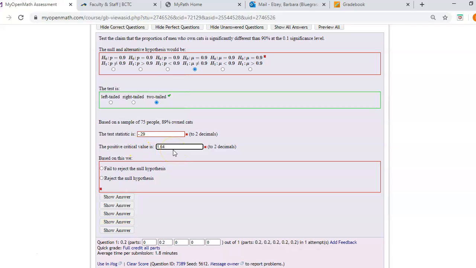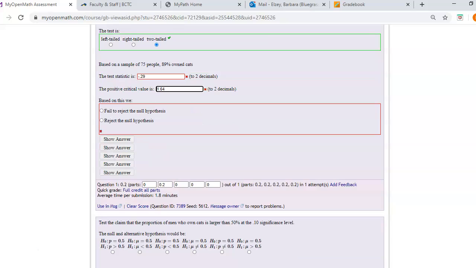And if it's to the right of 1.64, this is not to the left of negative 1.64. It's actually in between negative 1.64 and positive 1.64, which means it's not in the rejection region. So we failed to reject the null hypothesis. And of course, there was no conclusion statement on this, so that would take us to the end of this one.